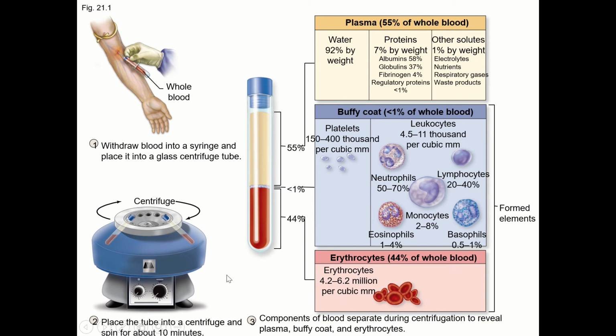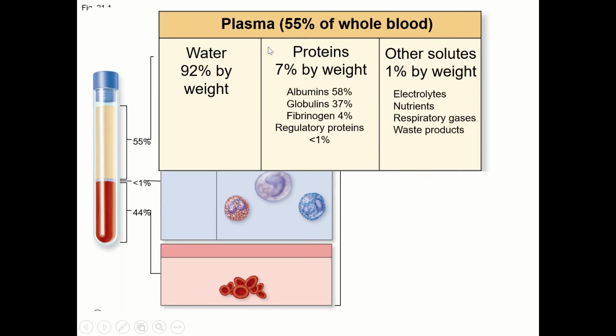When we take a sample of blood, you can then spin that in a centrifuge, which will separate it by density. And the blood separates into 3 layers. The least dense layer is called the plasma. And the plasma is about 55% of the volume of the whole blood. It's mostly water.